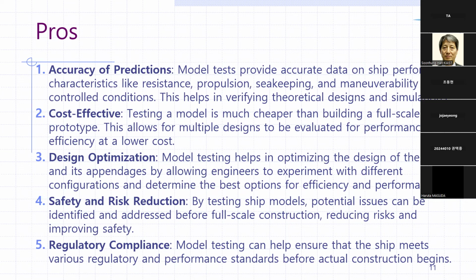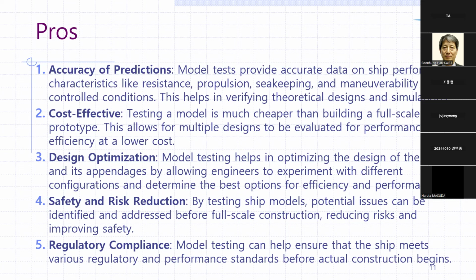So for basins like towing tanks, we can also have wave makers and stuff like that to make the condition more similar to the actual sea. And of course, it is cost effective. That is one of the main reasons why people came up with a model test. So we don't have to build the real ship before we get to test anything. And if there's something wrong with the test, we can just build another model, which is not that expensive compared to building a real ship. So it's very cost effective.